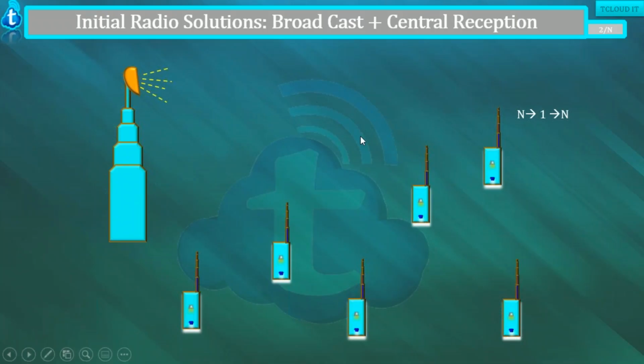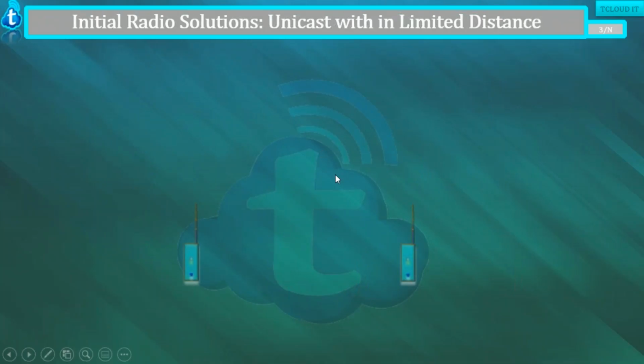We ultimately wanted an individual one-to-one communication. So they started thinking, hey, why can't we do this? Direct one-to-one communication between two devices. One guy's transmitting frequency will become the receiving frequency on the other side. The other guy's transmitting frequency will become the receiving frequency on your side.